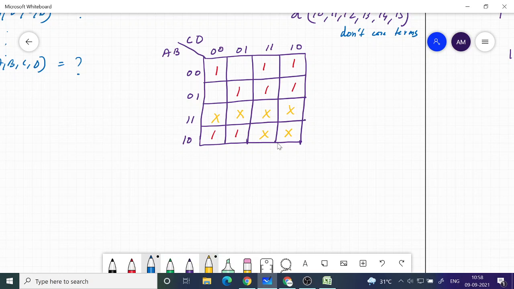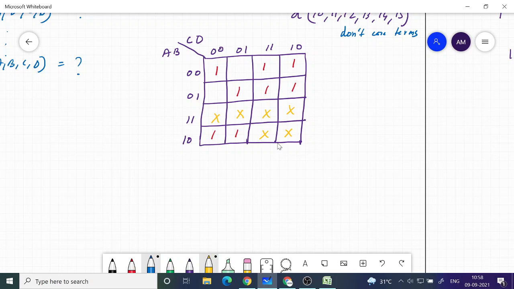So we will take advantage of the don't care condition by treating them as 1 if we can make a bigger group. So if a bigger group is possible, then we will treat those don't care conditions which are adjacent to those ones as 1 in order to get a bigger group.